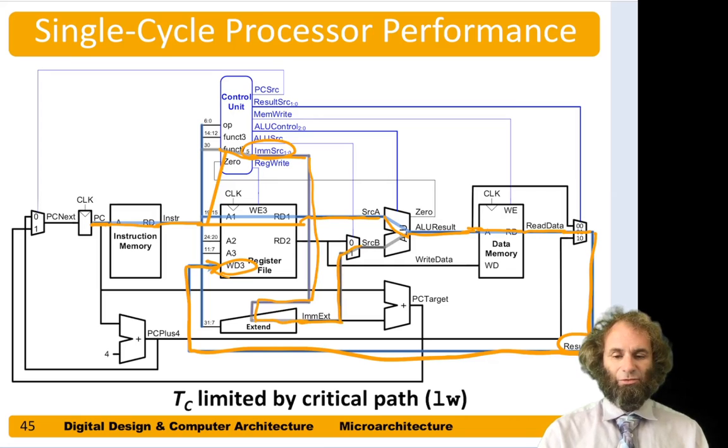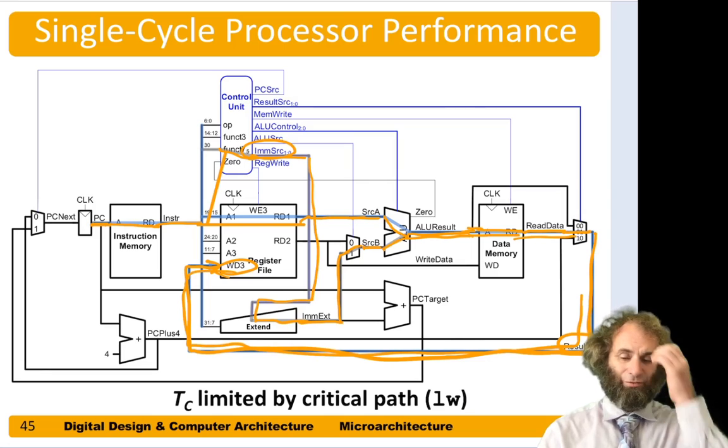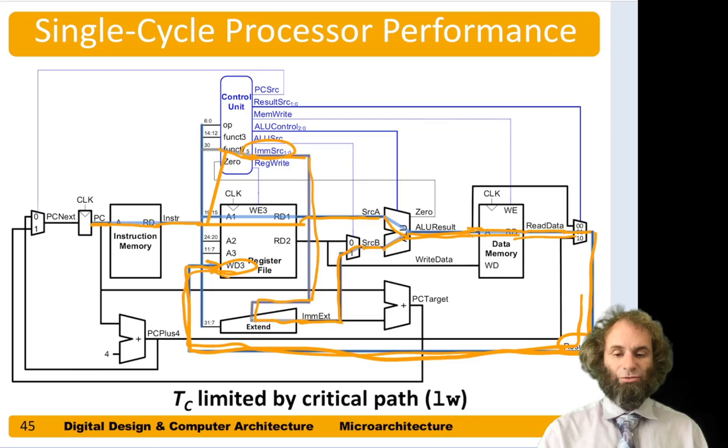Takes some time to choose that second source in the source B mux, and then goes into the ALU. And then the rest of the path is the same. We still need to read data from the memory, go through the result mux, and write it back to the register file. So whichever of those two is longer may be the cycle limiter.